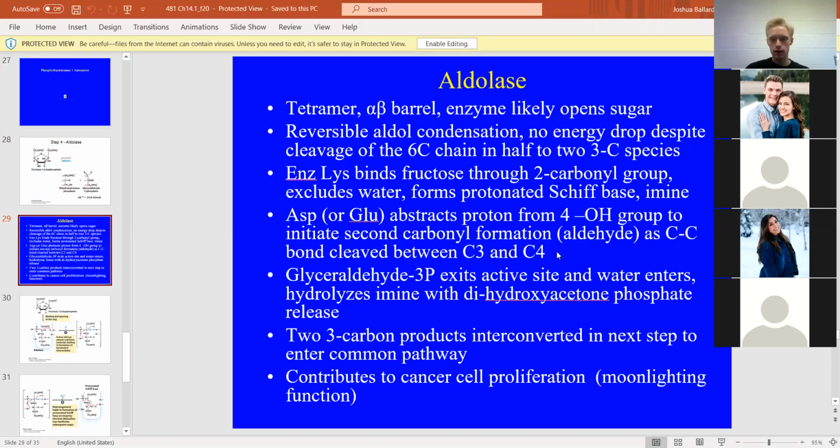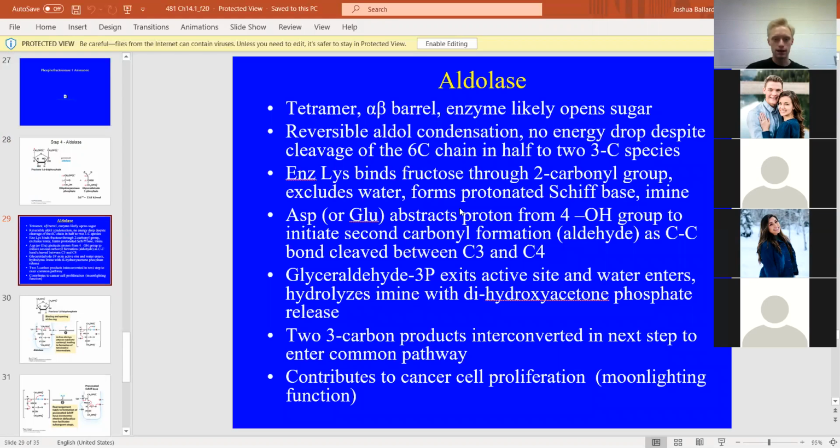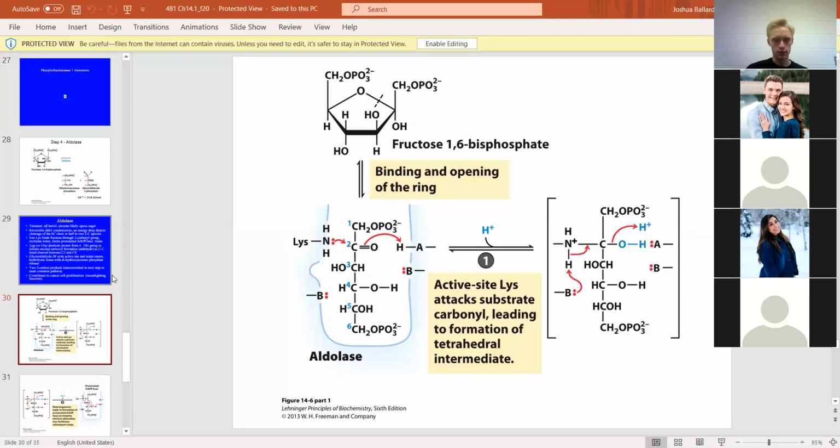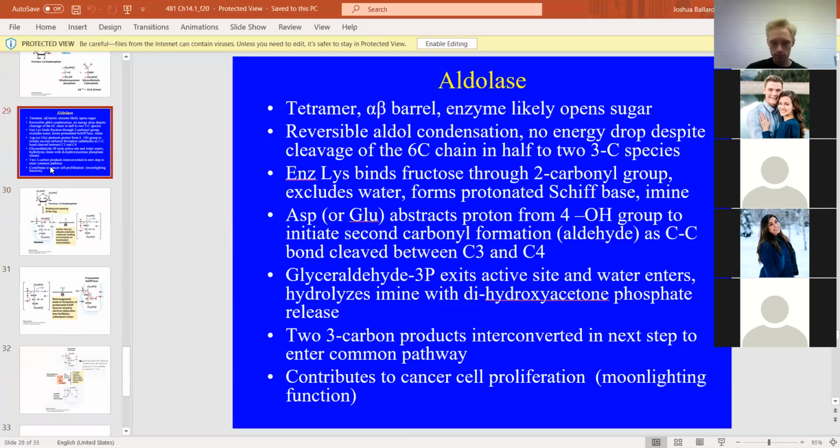The rest of these bullet points talk about the reaction mechanism of how aldolase acts on fructose 1,6-bisphosphate, and these slides depict the arrow mechanism of what aldolase does.